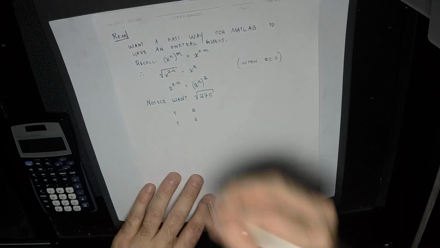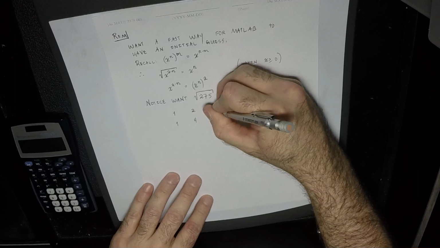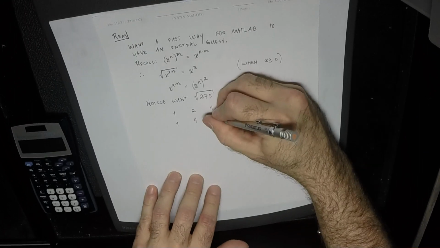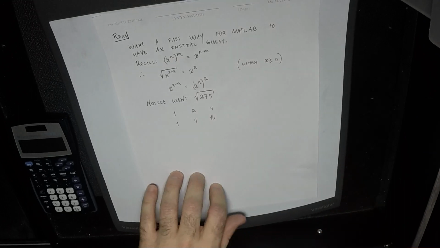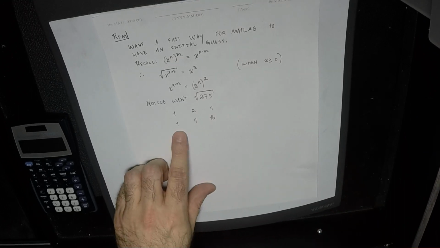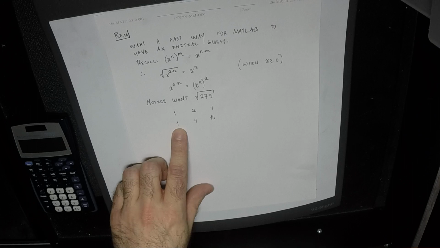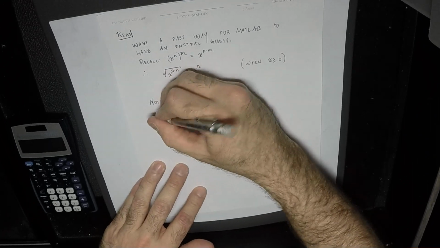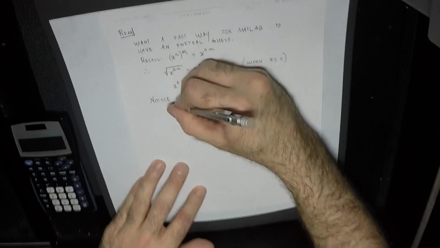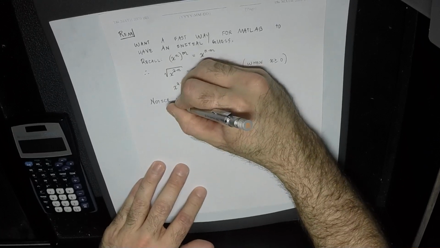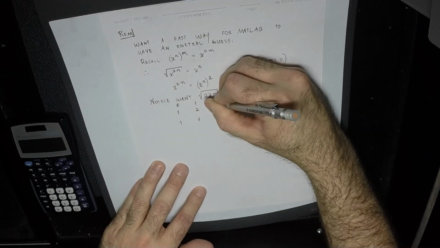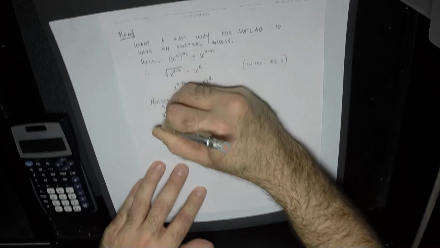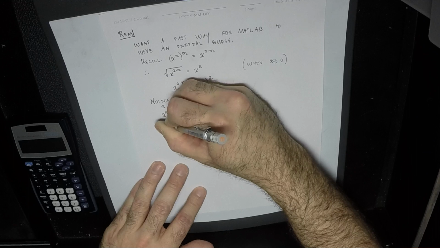Nah. So let's use the next power of 2. The next power of 2 is 4. 4 squared is 16. Let me write it like this: 0, 1, 2. This is n. This is 2 to the n. And this is 2 to the 2n. Okay.